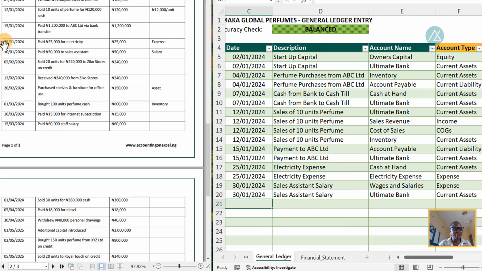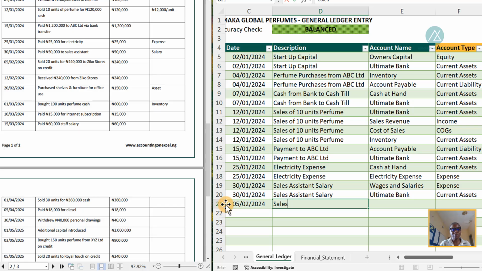Now we are moving to February of 2024, which is on the 5th of February. So 20 units for 240 to Zico stores on credit. So on the 5th of February 2024, sales to Zico stores on credit.